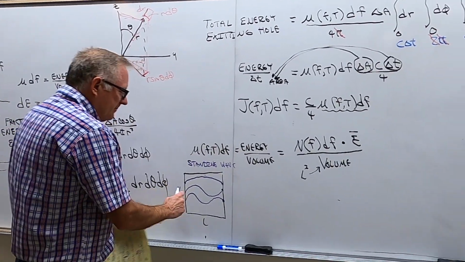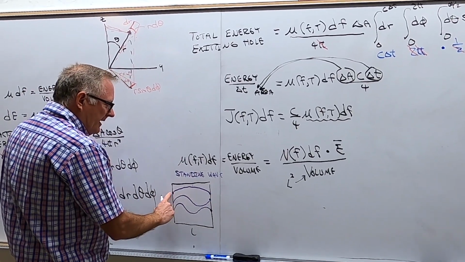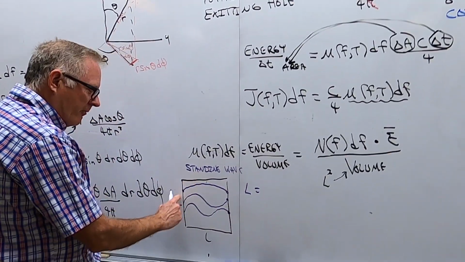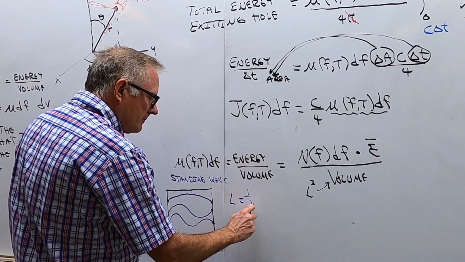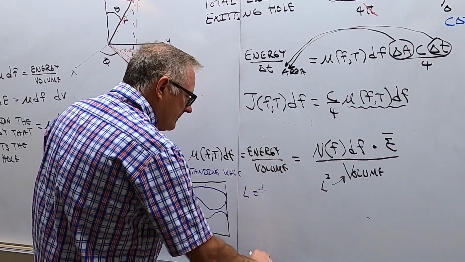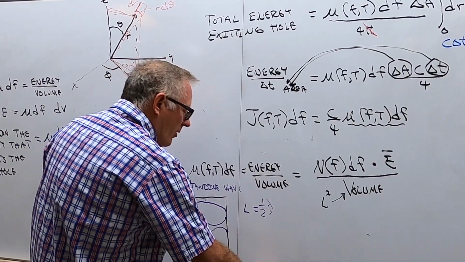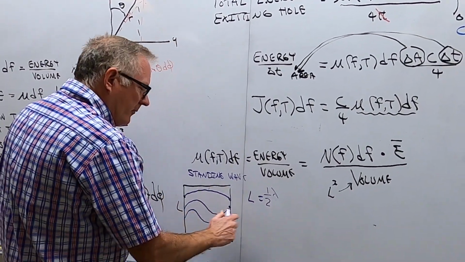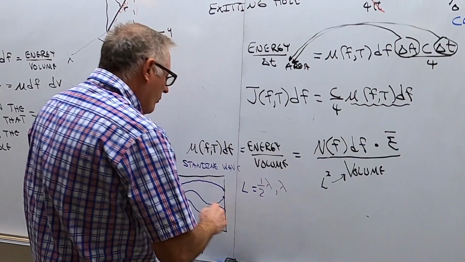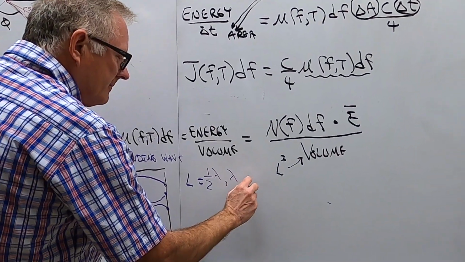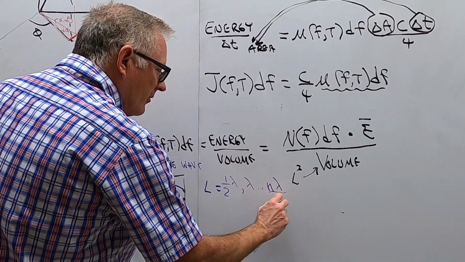And so that means that the length from here to here is either going to have to be half a wavelength, or a whole wavelength like this second one, or 1.5 wavelengths, or 2 wavelengths, and so on, or just n wavelengths all over 2.